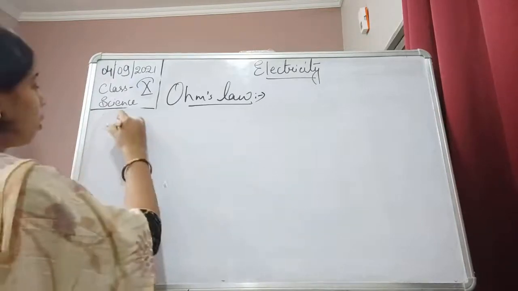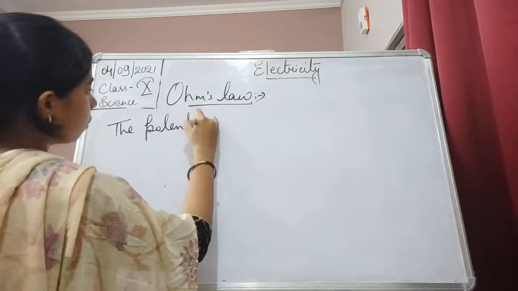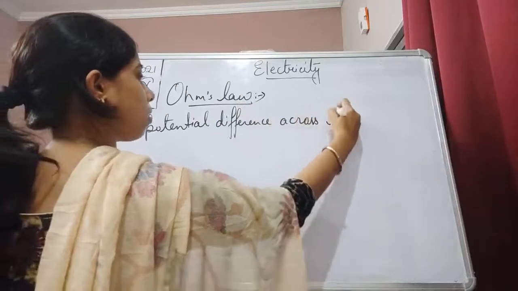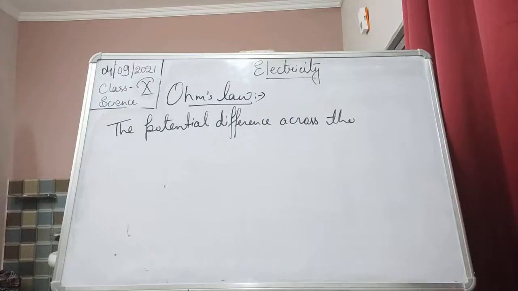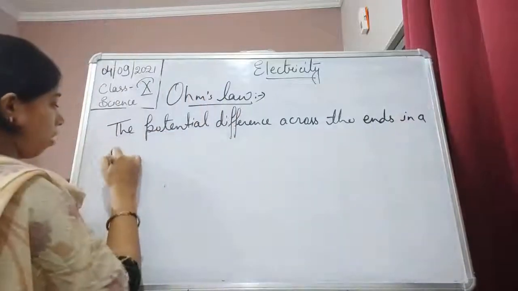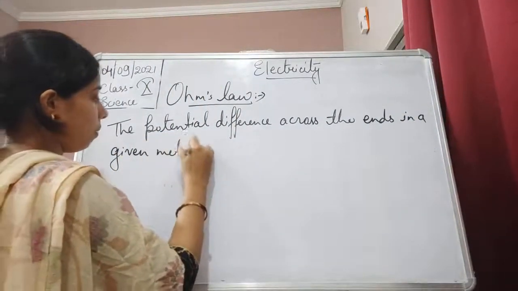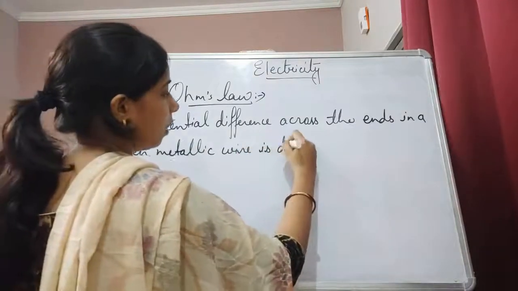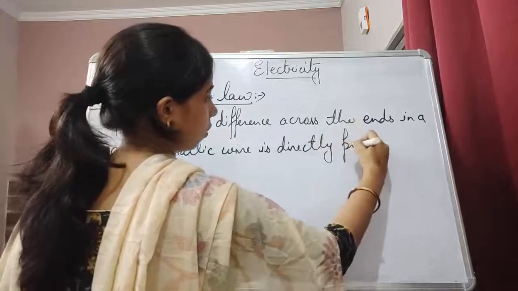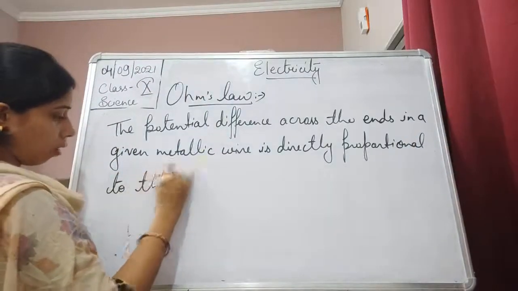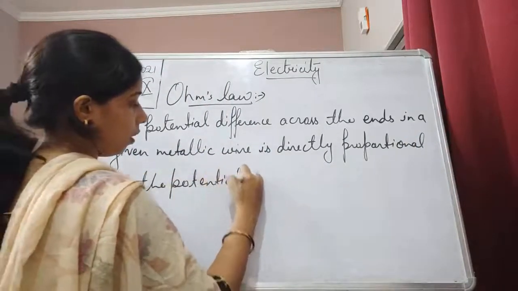So we can write here: the potential difference across the ends of a given metallic wire is directly proportional to the current.